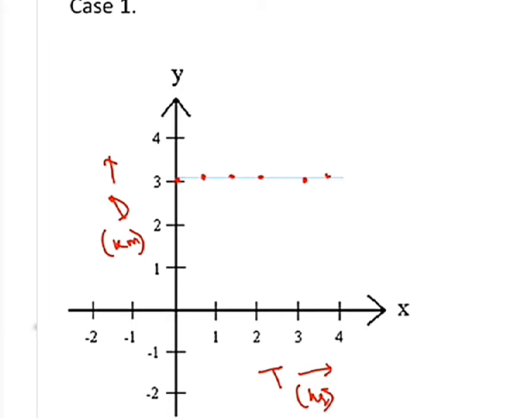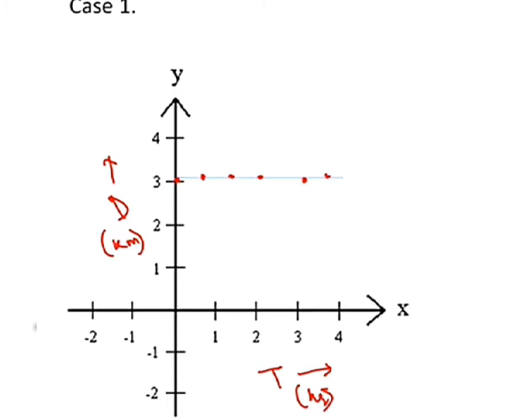In the first 1 hour it's 3 kilometer, in the next hour it's again 3 kilometer. So it's showing that the distance is 3 kilometer for every interval of time. That means distance is not increasing with time. The distance is constant with time. And what does that mean? That means there is no motion involved.